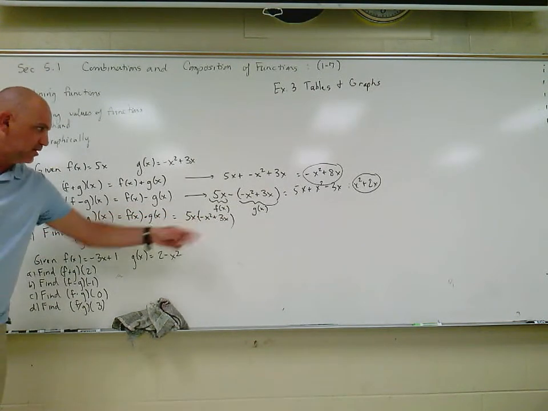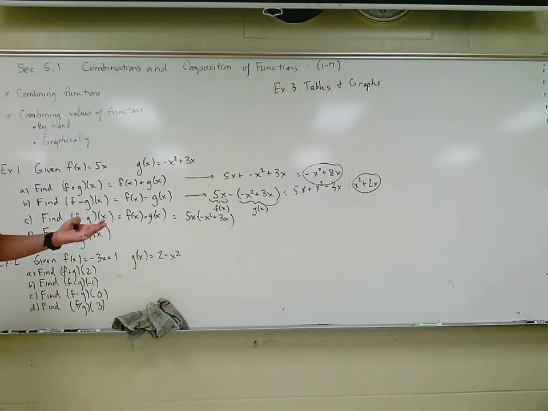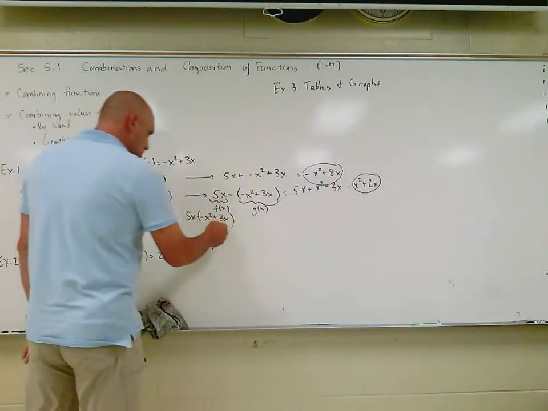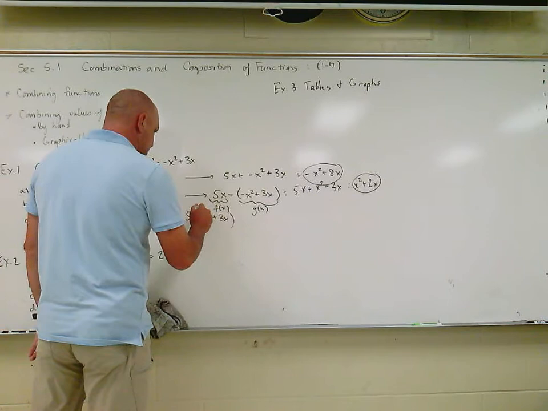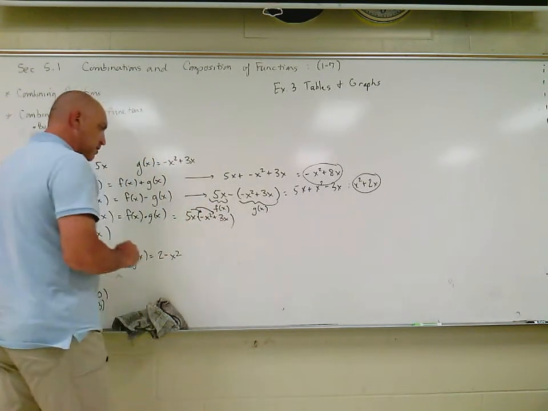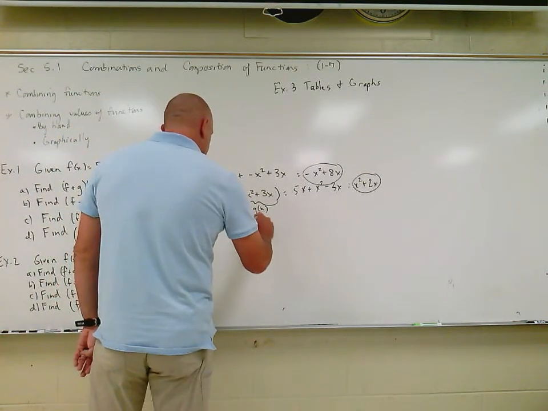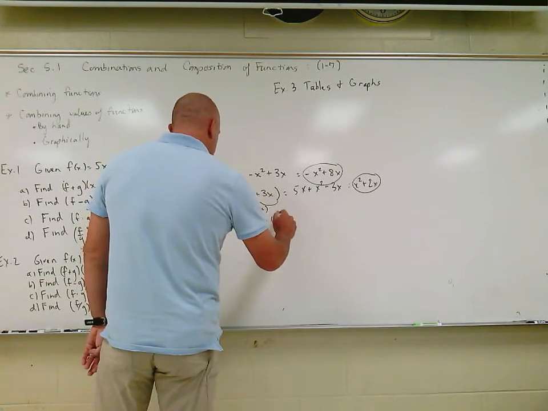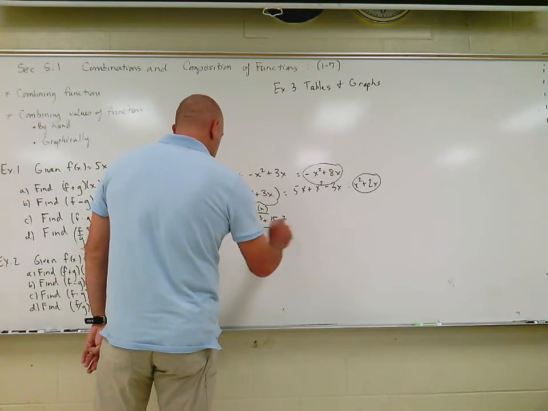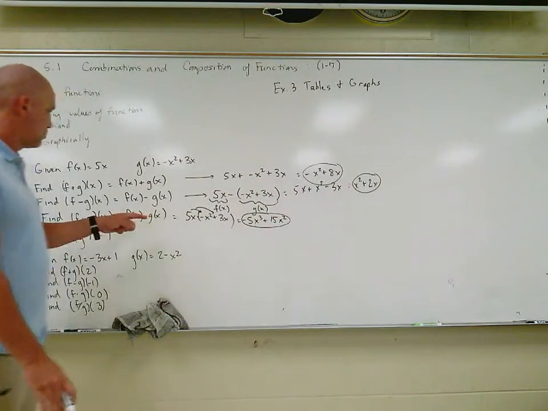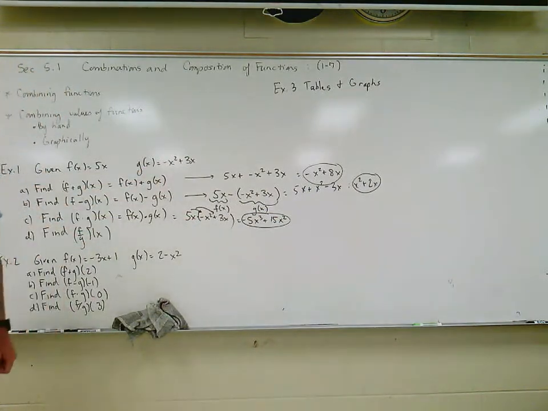I'm going to multiply these. Well, now it's just distributive. If it's 5x times this, then I'm just going to distribute the 5x to both and see what I get. So I get negative 5x cubed plus 15x squared. Where did the negative come from? Oh, I didn't write a negative x squared, okay.